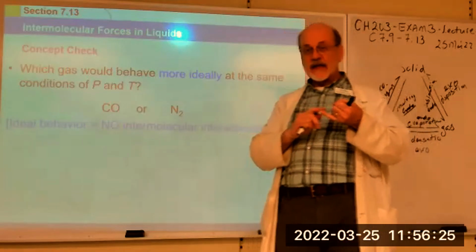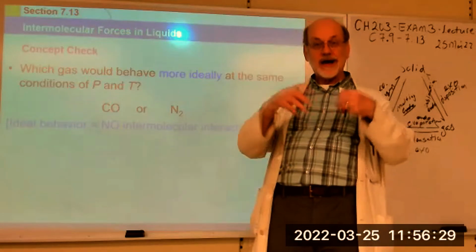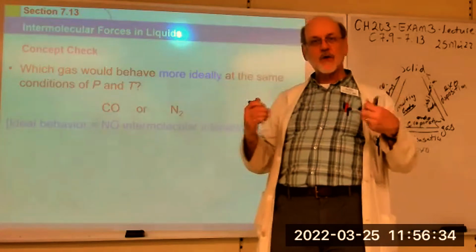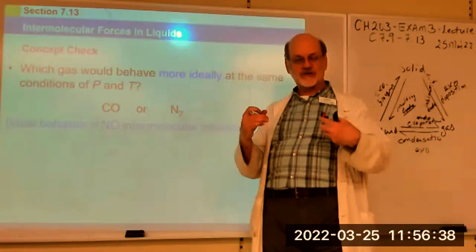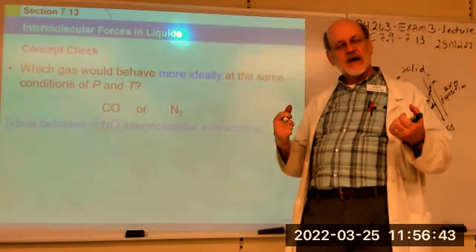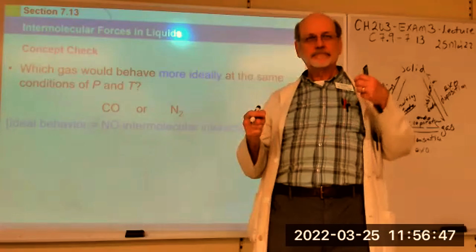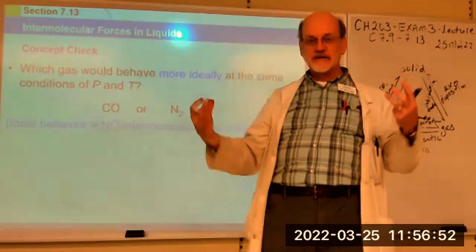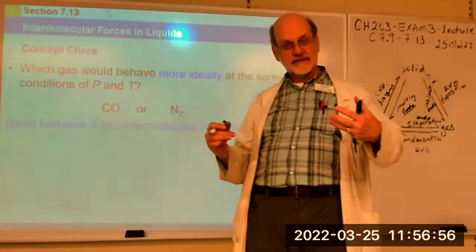Well, for one thing, if you don't have many of them there in the gas, they would be more ideal because there would be fewer opportunities for them to interact. So low pressure would mean that there will be fewer interactions. Okay, that's one, low pressure. Or if temperature's involved, if you have disruptive forces that are massive, like high temperature, then the gas would behave more ideally.